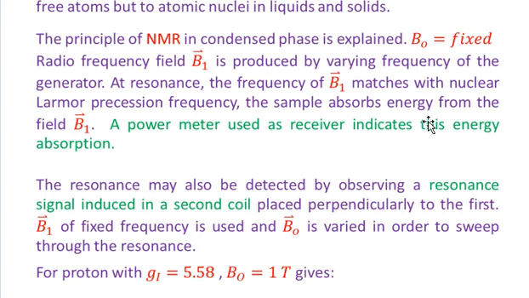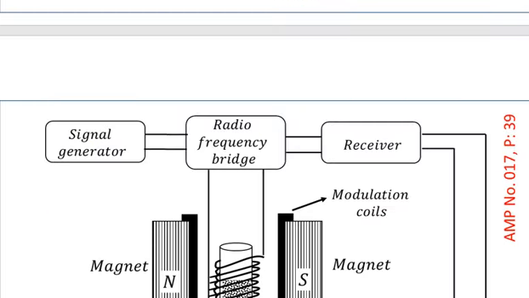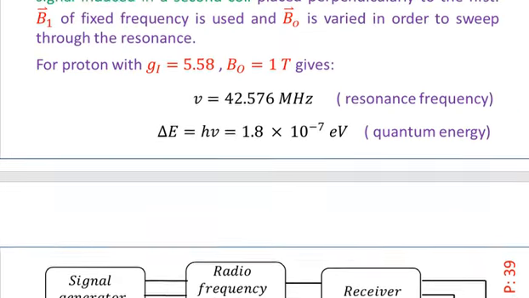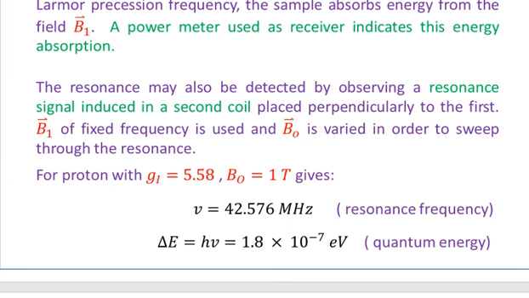The sample absorbs energy from the field B1. A power meter used as a receiver indicates this energy absorption. That is, the power meter at the receiver end will record this energy fall. So a power meter used as a receiver indicates this energy absorption from the field B1.